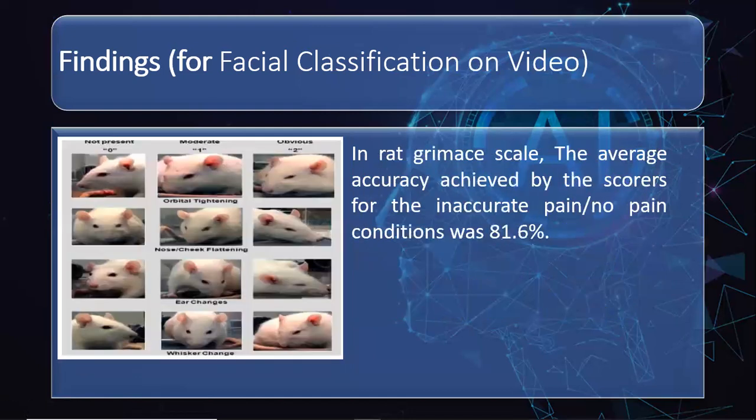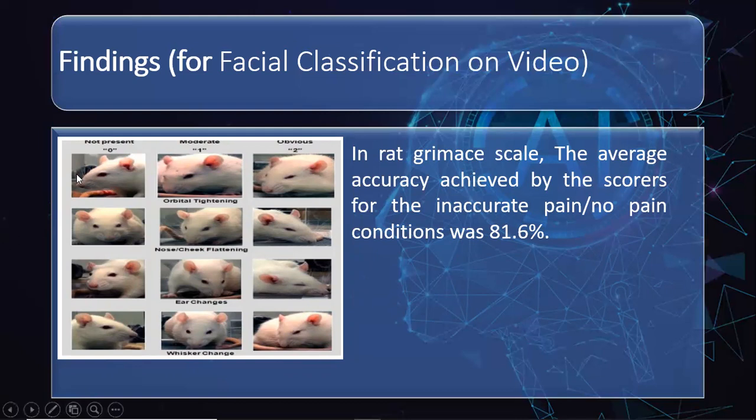So the next finding is for the rat grimace scale. The average accuracy achieved by the scores for this pain or no pain condition was 81.6%. As you can see also, there are 4 categories.